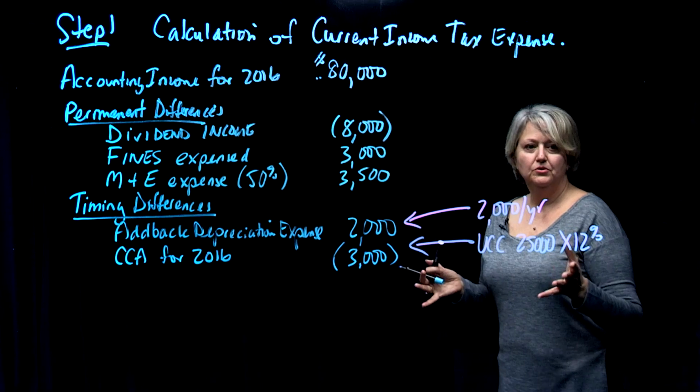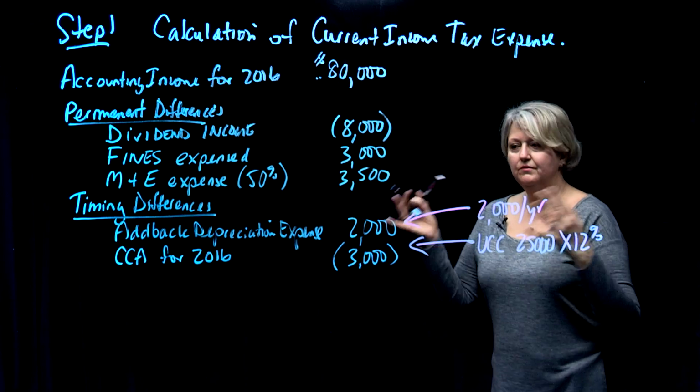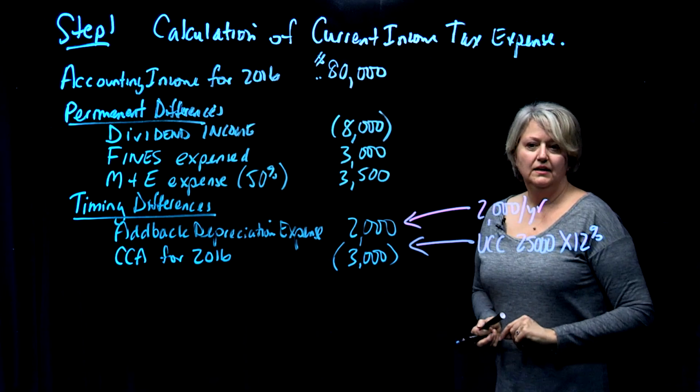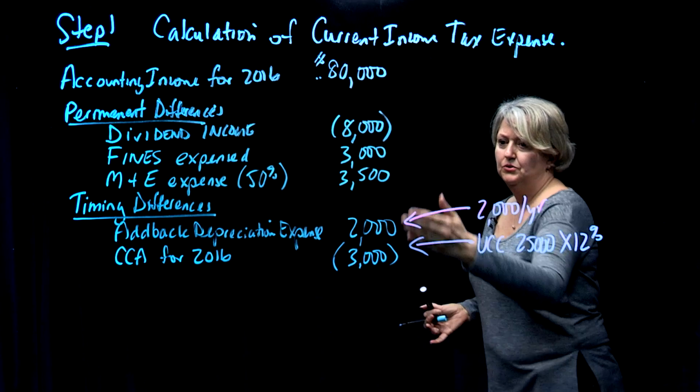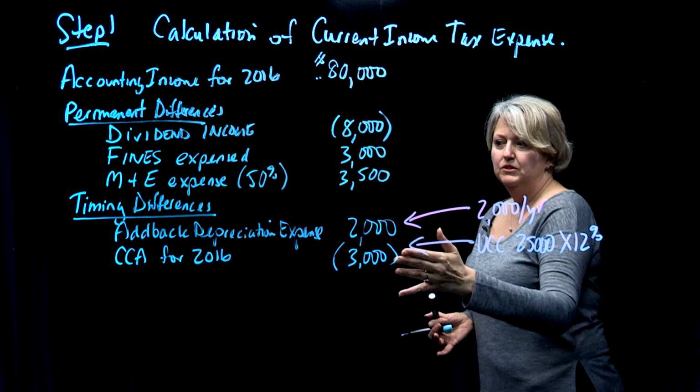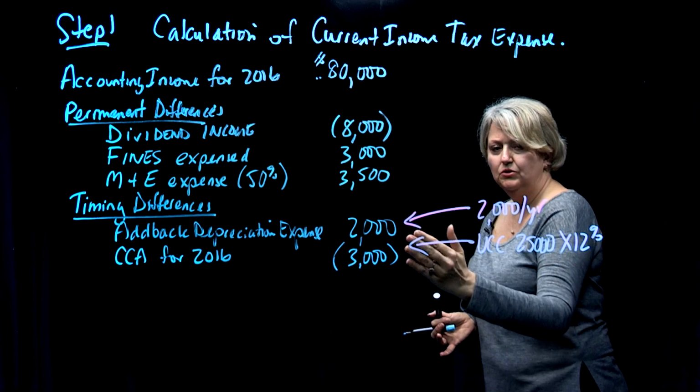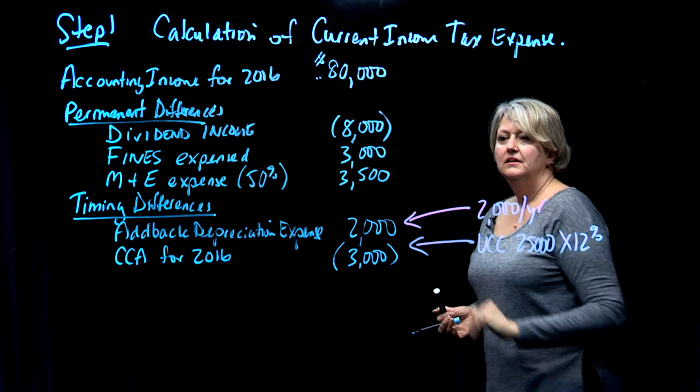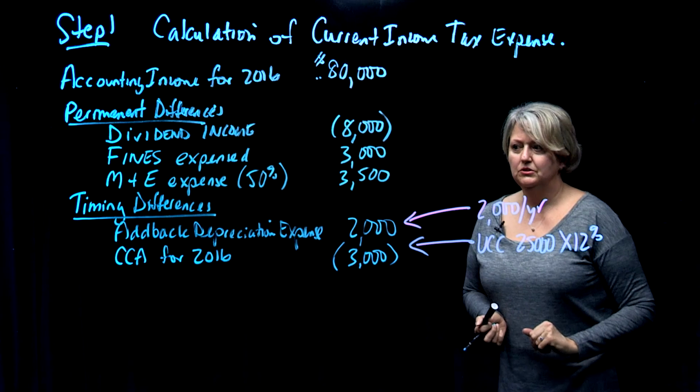So eventually they both do get fully expensed, both for accounting and for tax, but in any given year there can be differences. So in this year you can see that there's a difference of $1,000 where you can have more deduction for tax than you can for accounting, an additional $1,000.